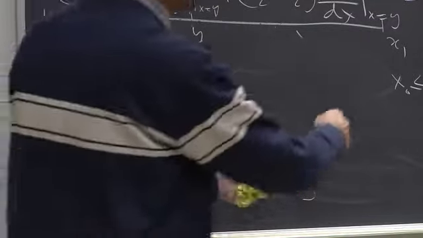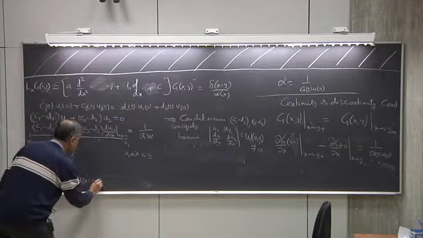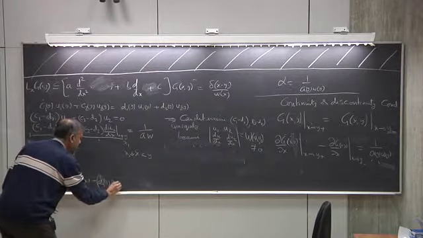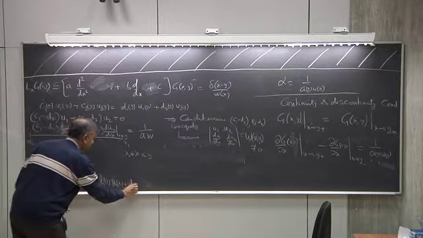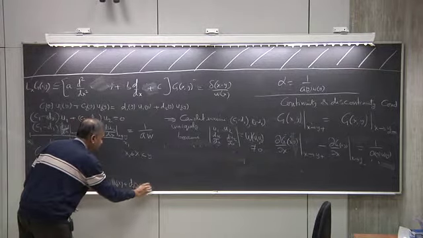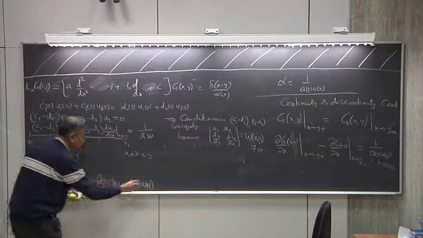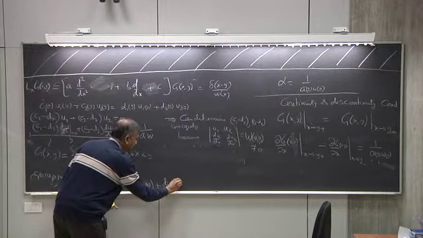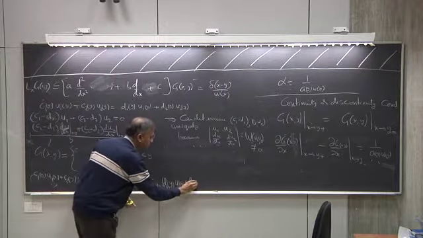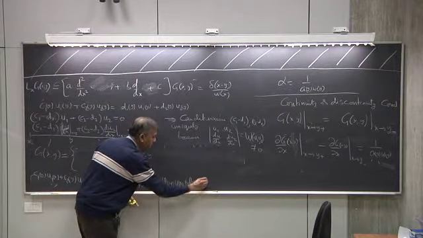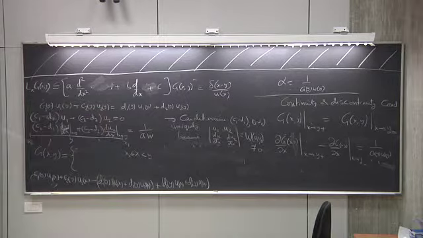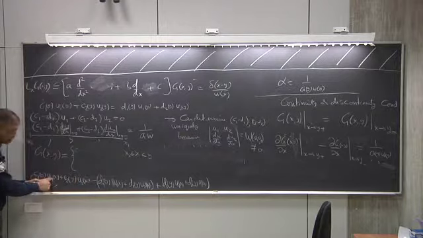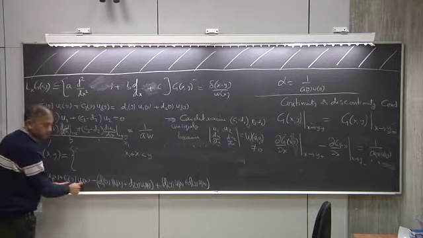Let me add and subtract this part: minus d1(y)u1(x) minus d2(y)u2(x), and also add d1(y)u1(x) plus d2(y)u2(x). The reason for doing that is that now I can put them together. So you get (c1 minus d1) times u1 plus (c2 minus d2) times u2.